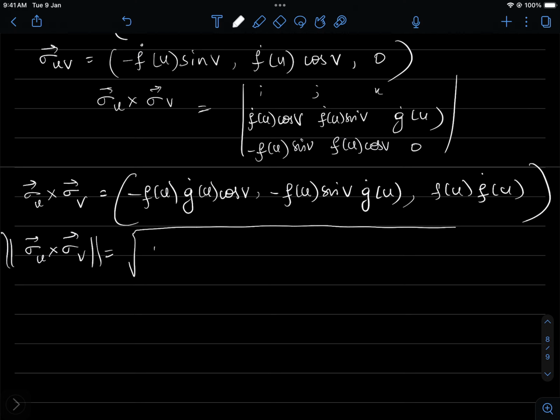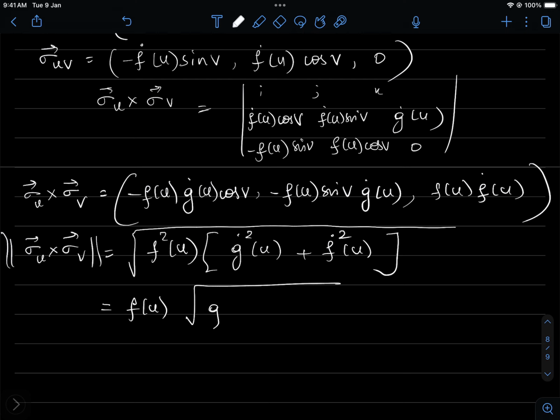There is f of u common, so let's take f square u outside, and then you have g dot square u, which combines with cos square v plus sin square v gives 1. Then you have one more, f dot u square. So you get f of u times the square root of g dot square u plus f dot square u. This is the magnitude of sigma u cross sigma v.